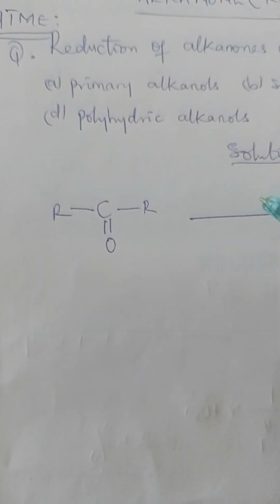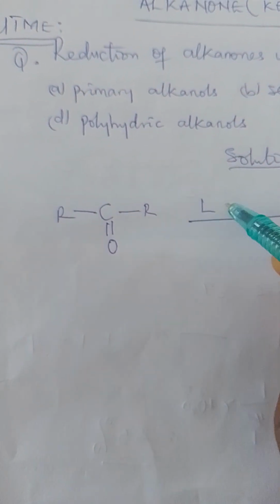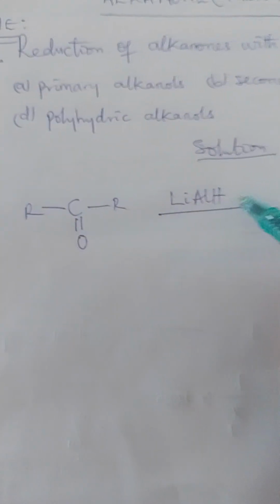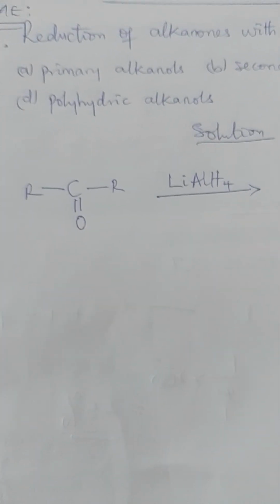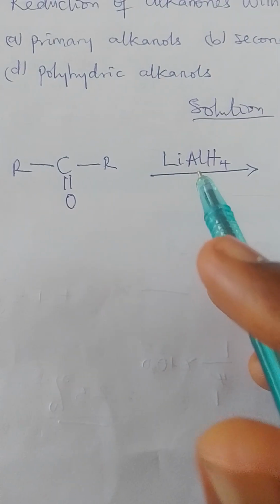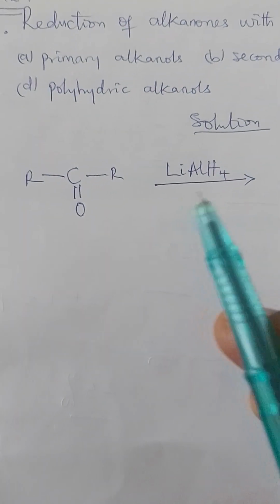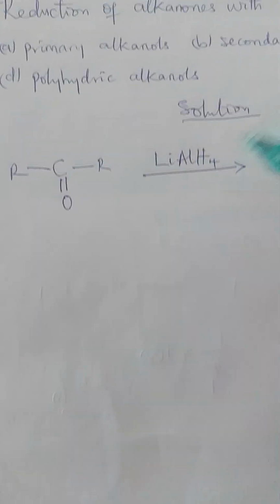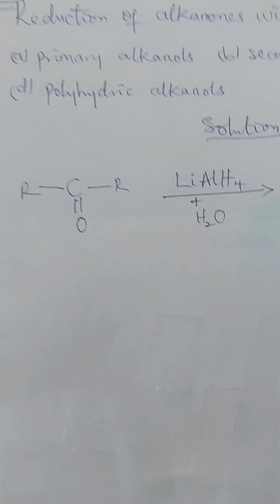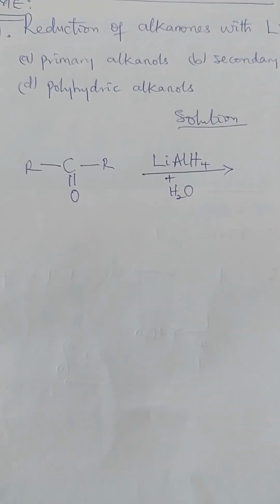If you react it with lithium aluminum hydride, what will it produce? But one thing you must understand, this kind of reaction can only take place in the presence of an acid or water. So there could be addition of water or addition of acid, depending on how the reaction goes.